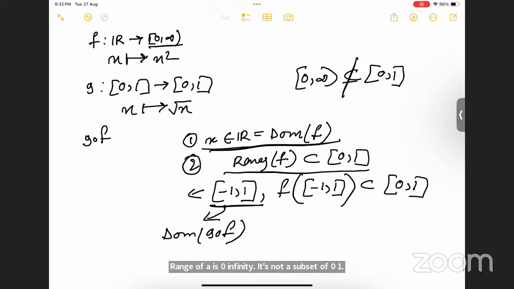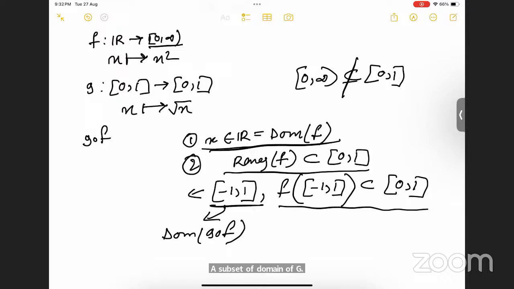So we need to restrict the domain of f in such a way that the range of f becomes a subset of the domain of g. Clear? Okay, ma'am, now we got it.